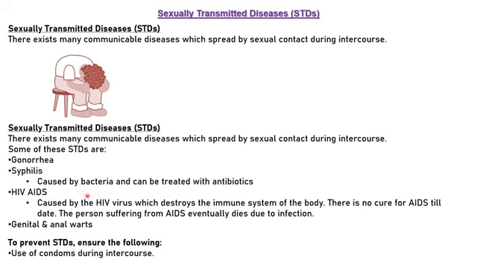Then blood transfusion: if a healthy person is given blood which has not been tested for HIV and that blood is infected by the AIDS virus, HIV virus, then definitely the person who receives the blood will be infected. So there are different ways in which a person can be infected by HIV.